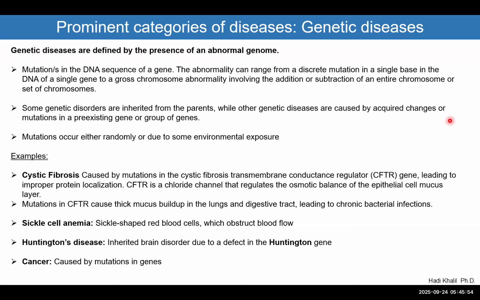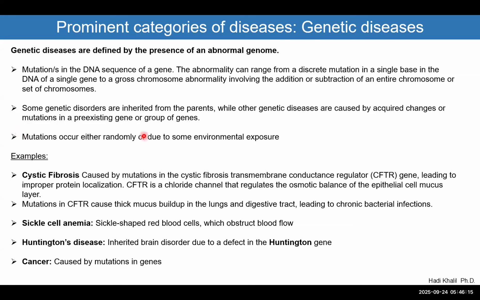And if this takes place, then some of our genes might be disrupted or affected. And therefore, this is a change that can continue throughout life. So this is an acquired change compared to an inherited change.